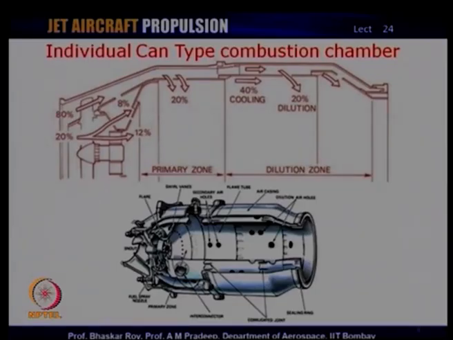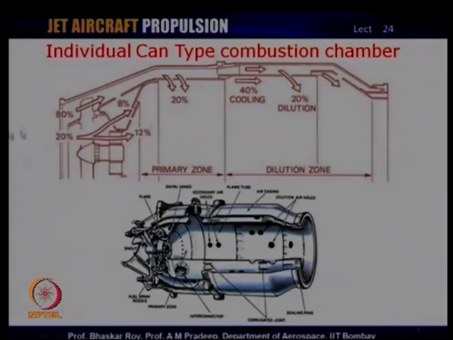Quite often you would have 5, 7, 9 or a fairly large number of cans arranged around the shaft of the engine, and the entire amount of air coming from the compressor is split into so many cans.